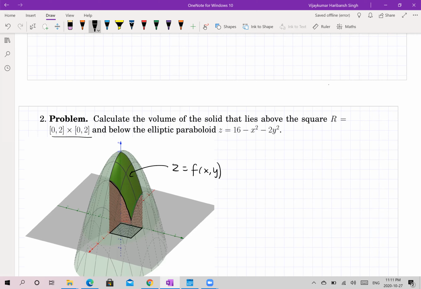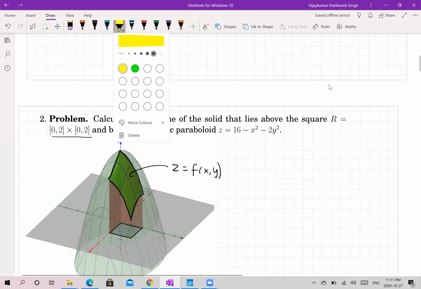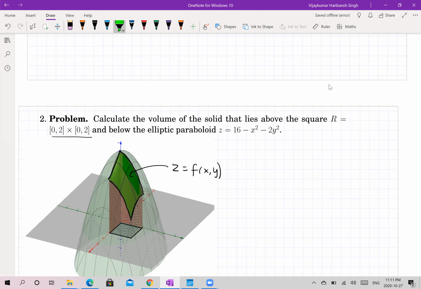This surface here, you want to find its volume. So this is your green surface, just coloring it up.